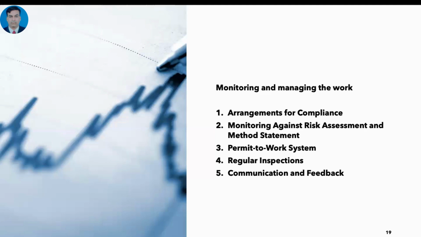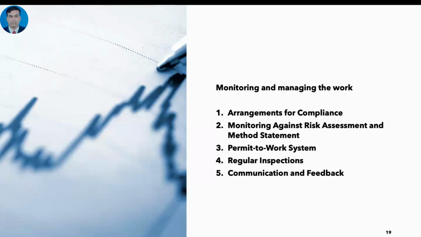This can be done by monitoring against the risk assessments and method statements that were developed during the planning stage. If the client identifies that the agreed safe working methods are not being followed, then it is in their best interest to stop the work so that the issue can be addressed.